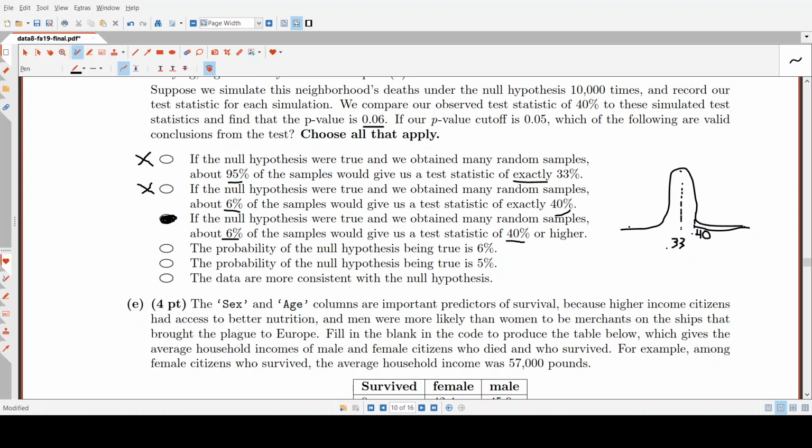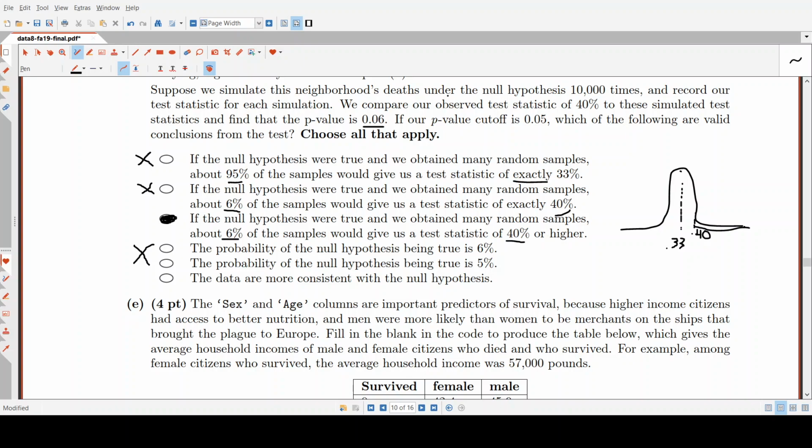Okay, so the fourth and fifth options are that the probability of the null hypothesis being true is 6% and 5%. Both of these are false because, remember, our null is either true or not true. There is absolutely no probability associated with it.